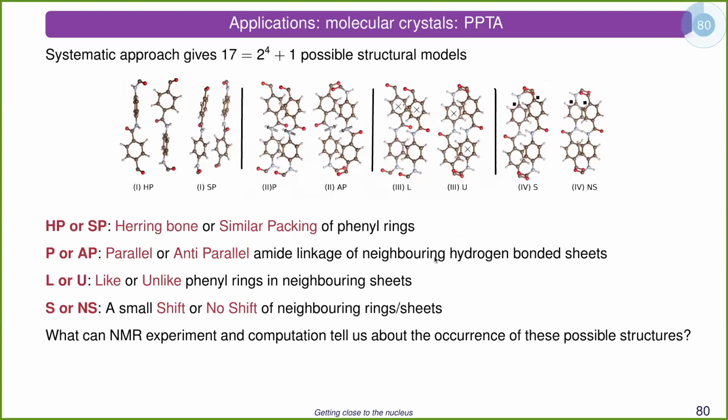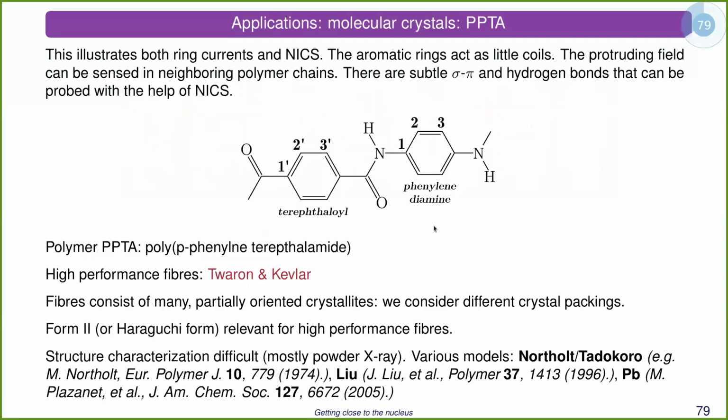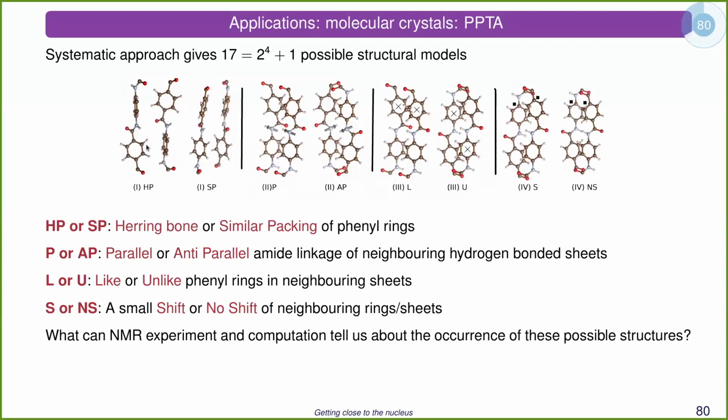So now let's look at this. You can actually pack this material in very, very different ways. You can pack it in a herringbone, or you can pack it not. When you pack it in a herringbone, you look from the top, you see a herringbone. But you can also pack it so the groups are just parallel to each other.